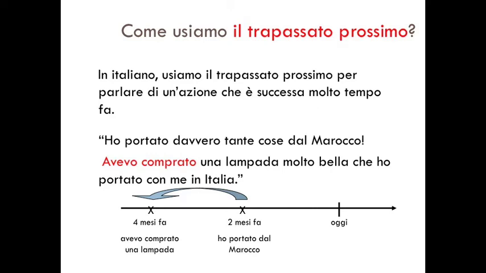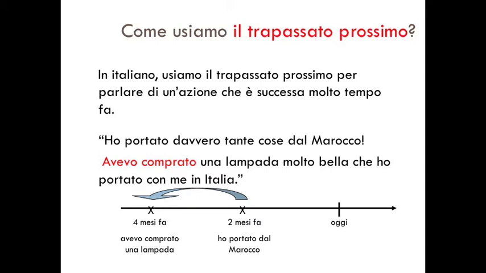So I'm talking about an action of buying a lamp that occurred before the past action I'm talking about. I went to Morocco. Okay. And this relationship of past in the past is done in Italian with the use of trapassato prossimo.